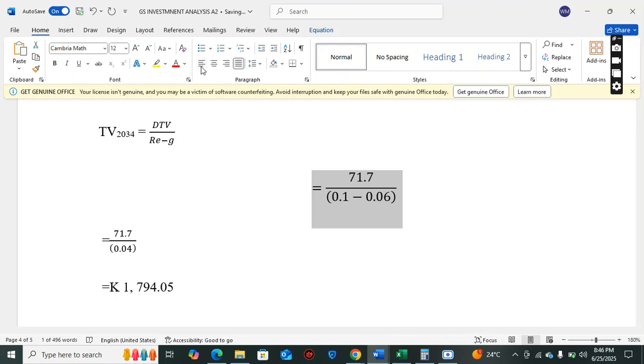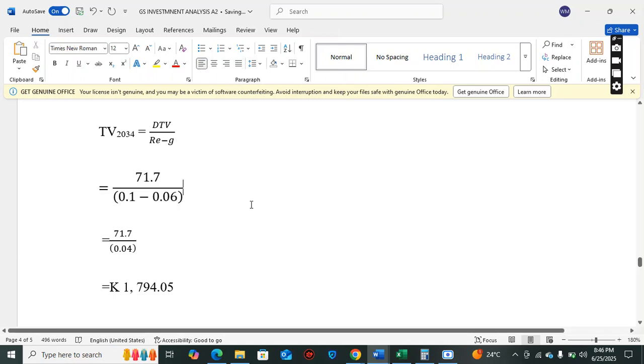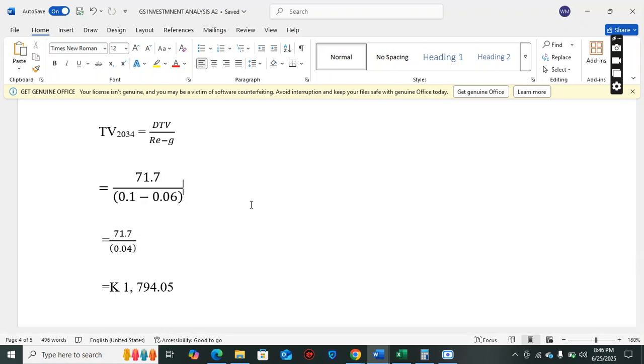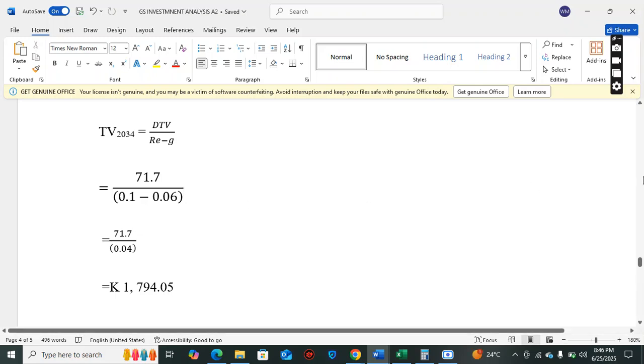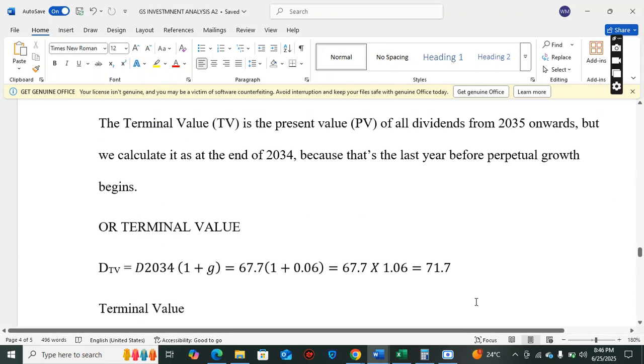Colleagues, can someone repeat for him? I want to see if anyone has understood. Starting from here, the terminal value.